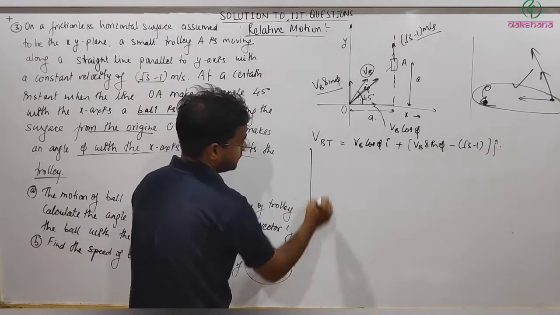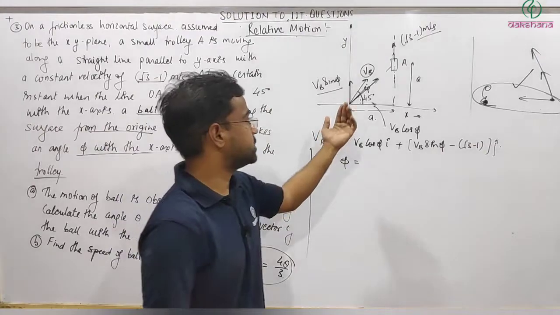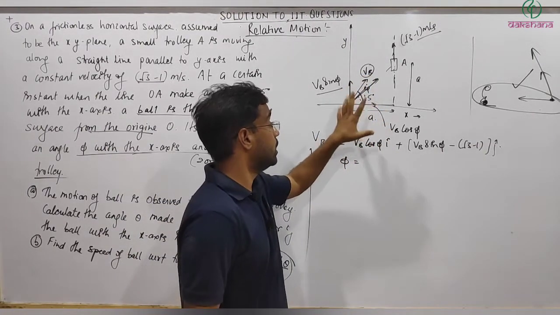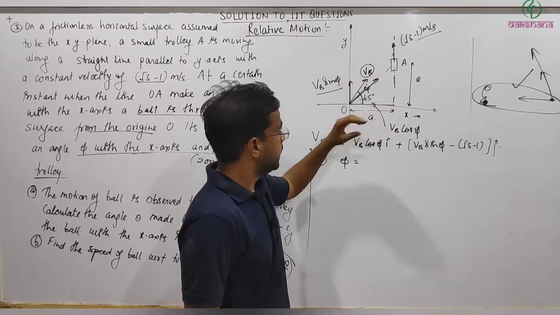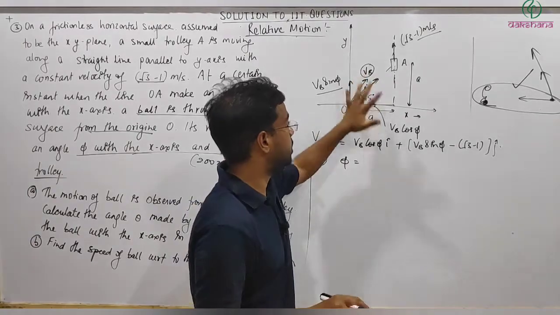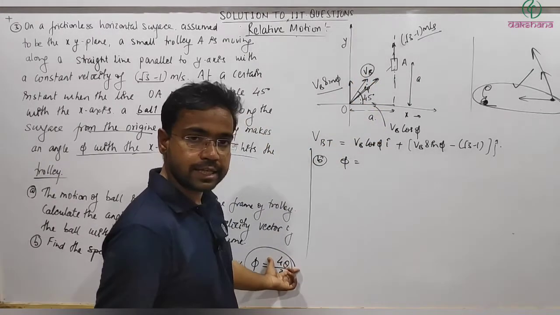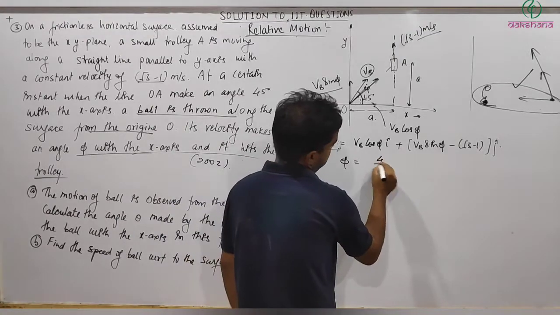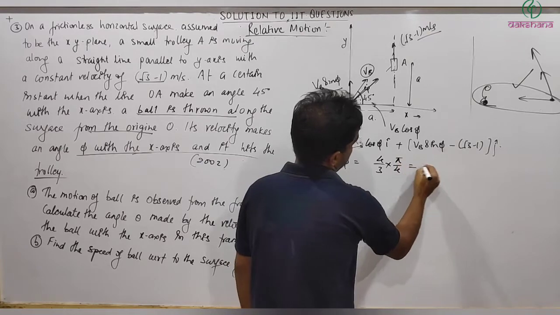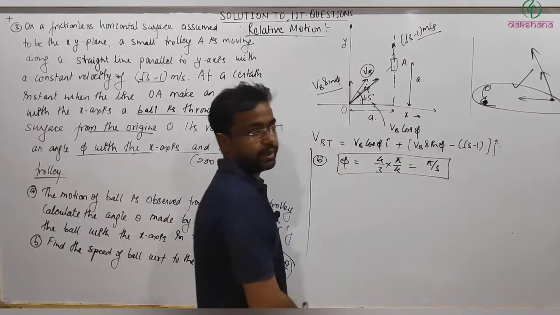So this is part B. Phi is the angle of the velocity vector of the ball with the x-axis in the ground frame. So first, by this relation, phi is coming out to be 4 by 3 times theta, theta is 45 degrees, means pi by 4. This comes out to be pi by 3. So I got the angle phi.